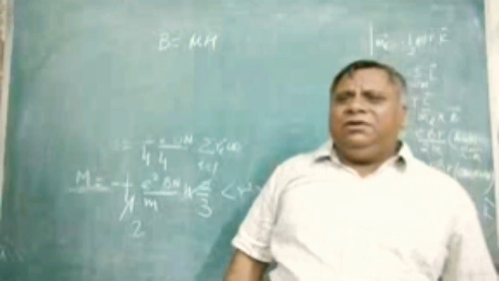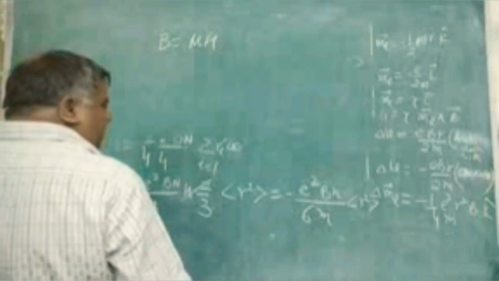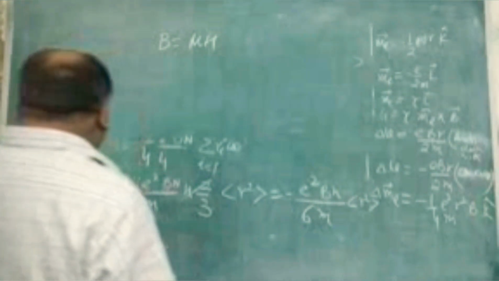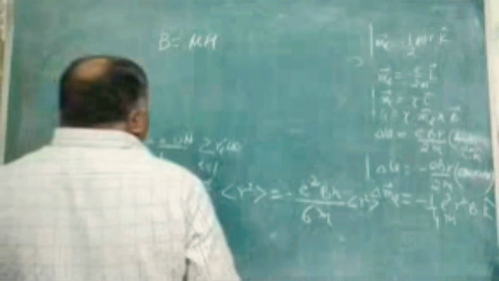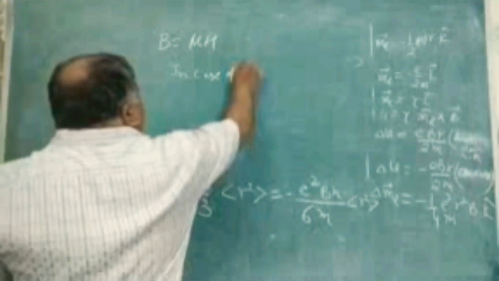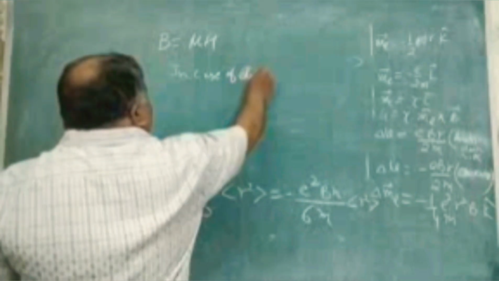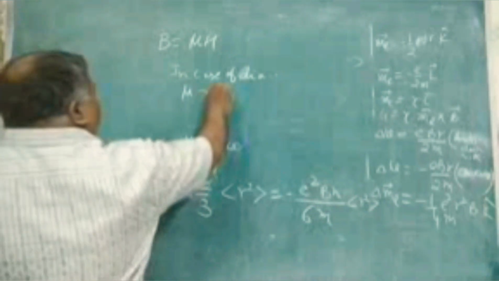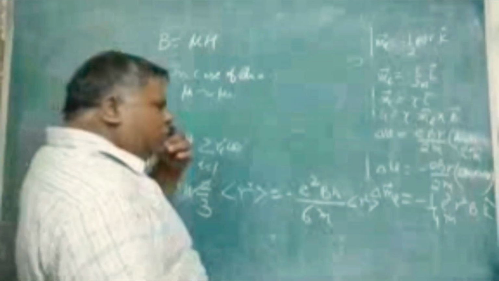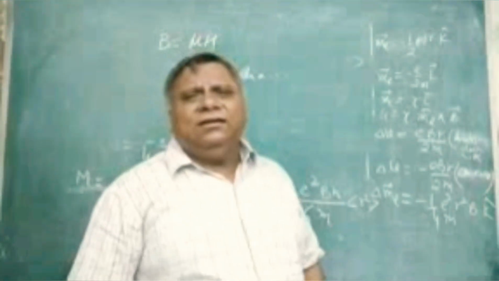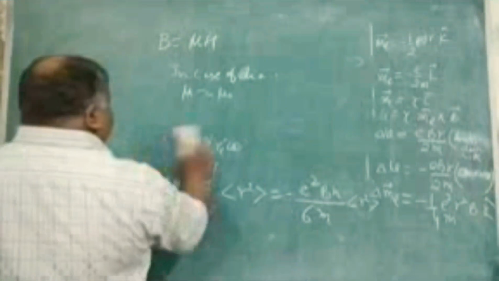So let us change to H. Also magnetic susceptibility can be easily calculated with the help of an expression which involves M and H. Also, in case of diamagnetism, mu is almost equal to mu naught, slightly less than mu naught.